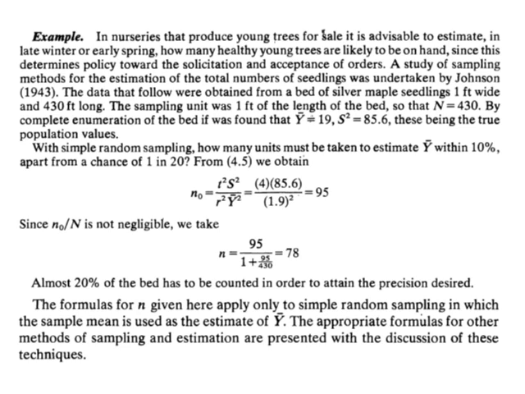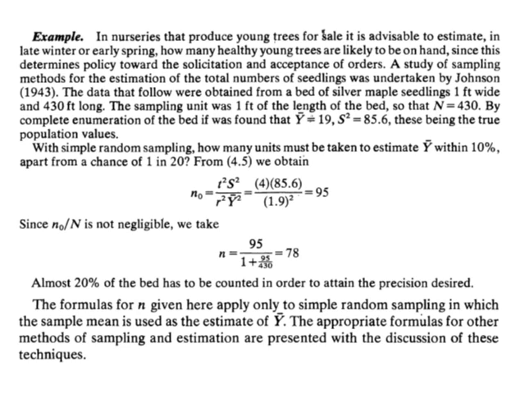With simple random sampling, how many units must be taken to estimate ȳ within 10%, apart from a chance of 1 in 20? From 4.5 we obtain the answer. So almost 20% of the bed has to be counted in order to attain the precision desired.